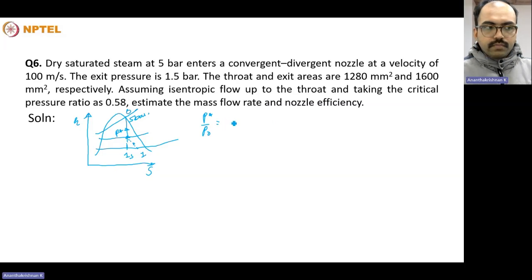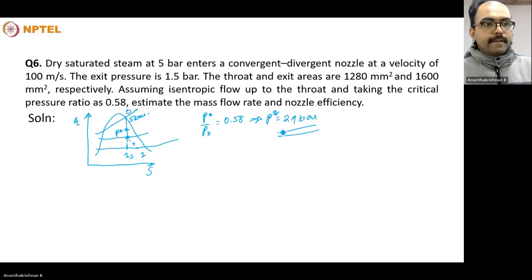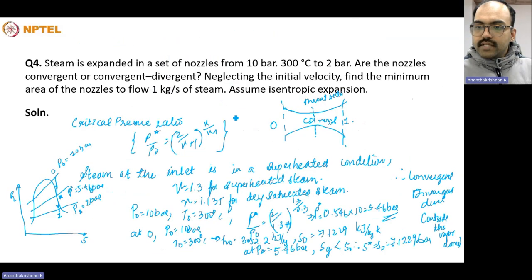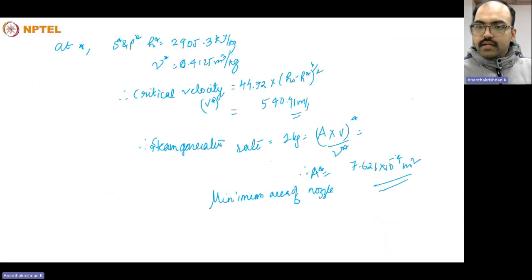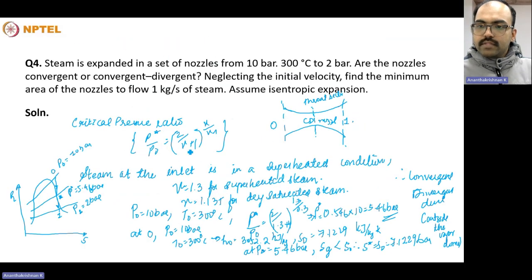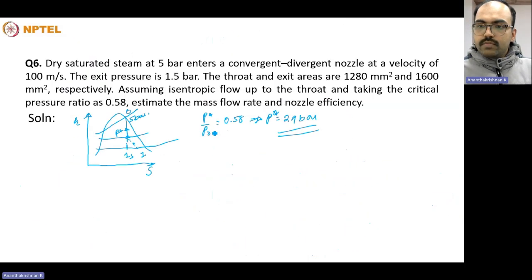So that will be equal to 0.58. Therefore, P star is equal to 2.9 bar. It's a saturated steam, right? So correspondingly, we have seen that the gamma value for the saturated steam is 1.13. So therefore, 2 by gamma plus 1 raised to gamma by gamma minus 1 reduces to 0.58.